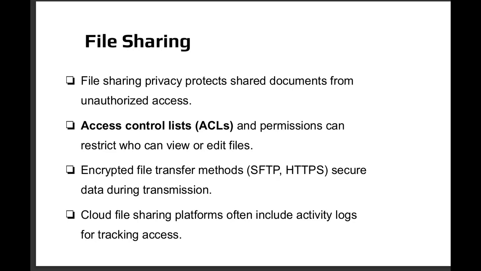This would include SFTP, the Secure File Transfer Protocol, and HTTPS, the S stands for secure, which allows us to encrypt all of our web traffic. These are two common ways that we can ensure we have proper encryption security with our file sharing. If we are using a cloud platform, we also can integrate all of our activity logs to track user access.